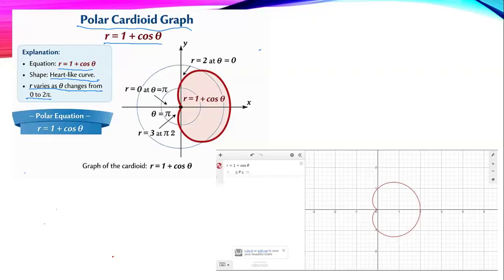So basically, when you're drawing the cardioid, in most cases you will have a plus b, and when you add those values, that will give you the distance here.